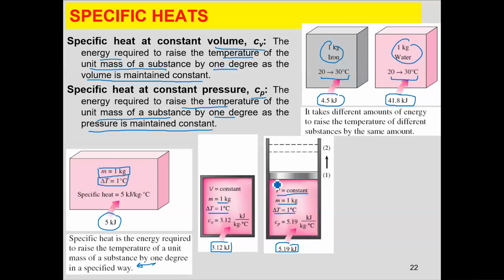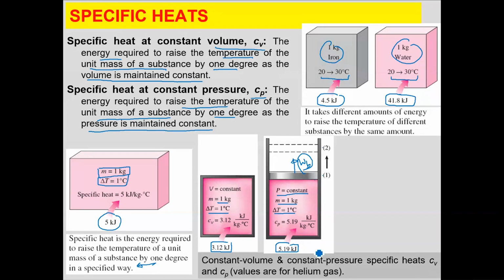Because in order to keep the pressure the same, your piston would move from 1 to 2. So there would be some boundary work associated with the constant pressure process. Now this is basically CP, or constant pressure specific heat, and this is your CV, which is constant volume specific heat, again for the helium gas.